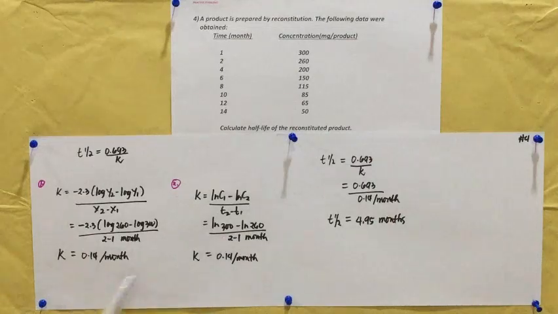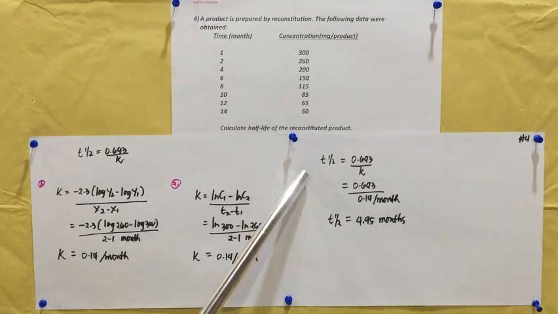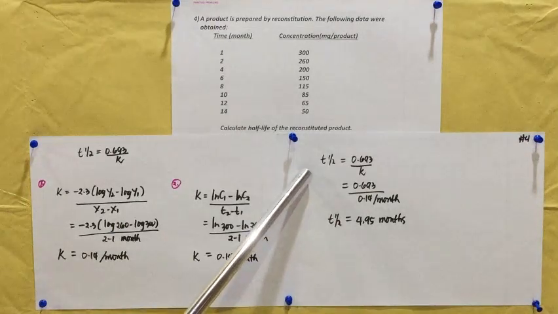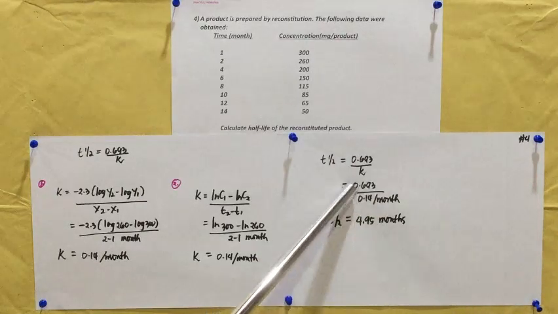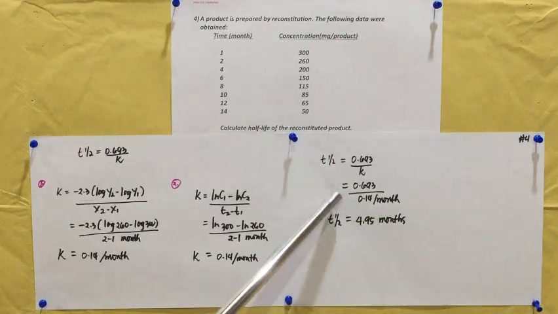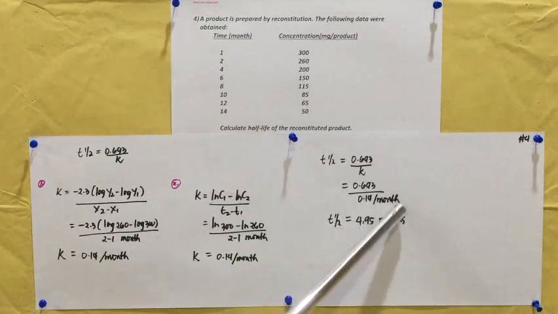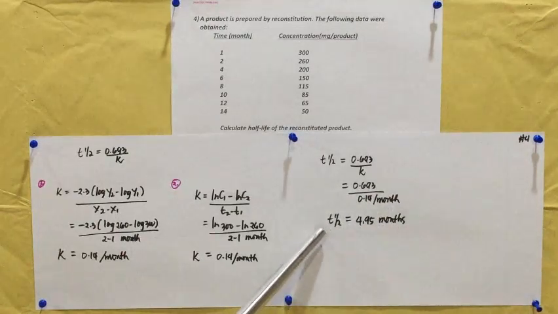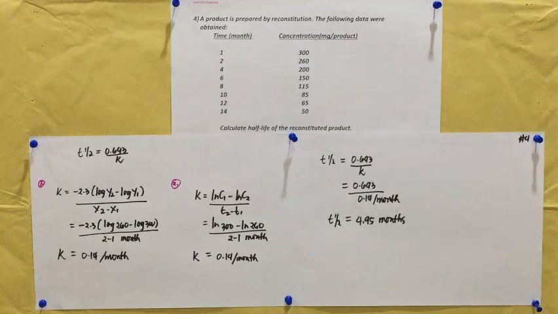So, kahit saan dito ang gamitin mo, you will arrive at the same answer. Knowing our K, we can now proceed to solving the half-life. T1/2 is equivalent to 0.693 divided by K, so it is equivalent to 0.693 divided by 0.14 per month. So, our half-life now is 4.95 months.